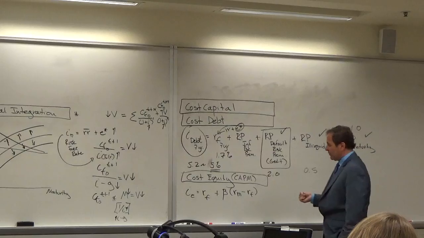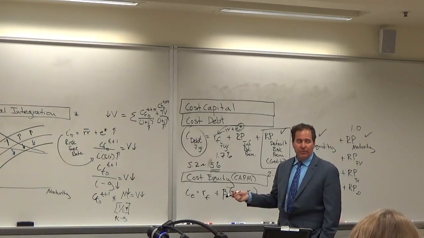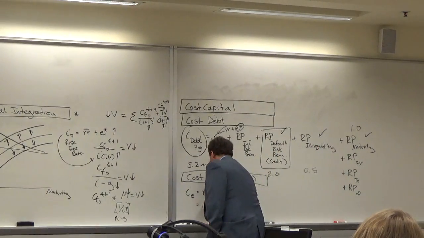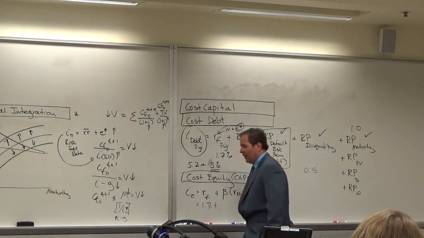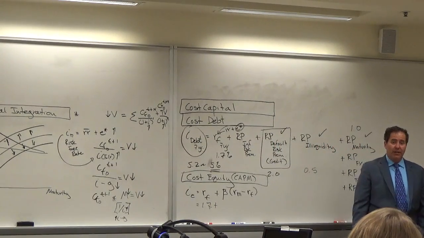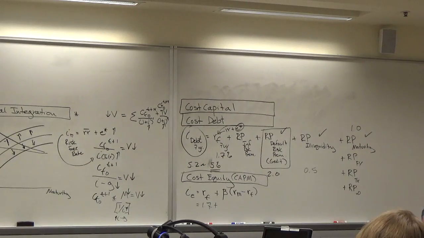All right, so what's the risk-free rate? What did we say the risk-free rate was? 1.7. Okay. And is IBM a big company? Does it trade on the New York Stock Exchange? So it's a big company that trades on the New York Stock Exchange. Is it in stock market indexes?